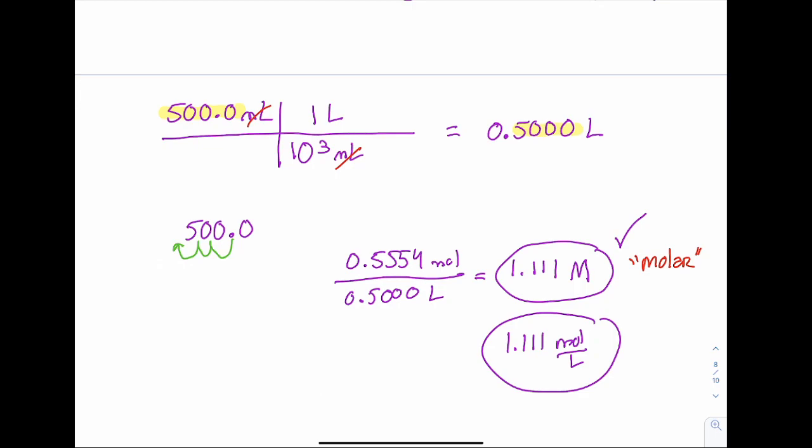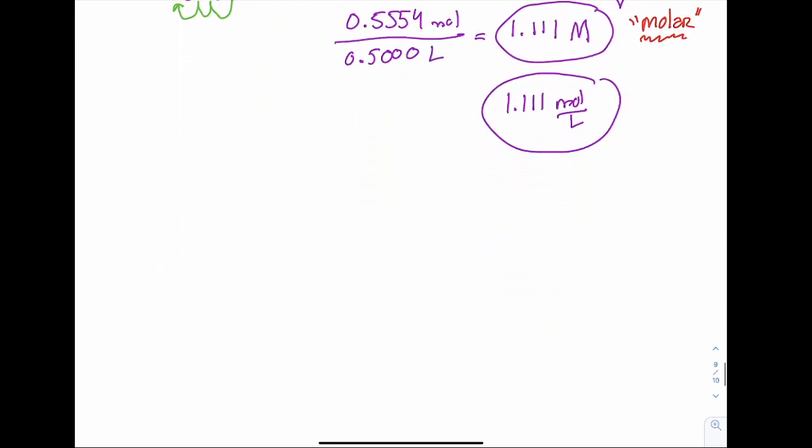If you're using the capital M as a unit, then you would read it as molar. So it's a 1.111 molar solution, or 1.111 moles per liter. Either one works, but that's how you would read that.